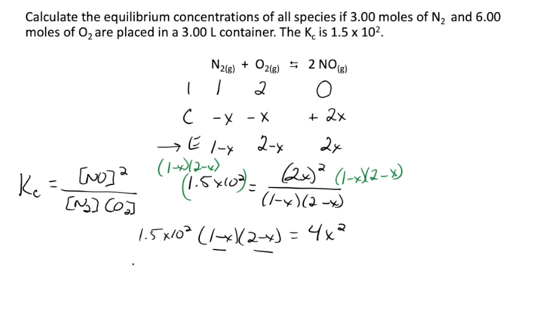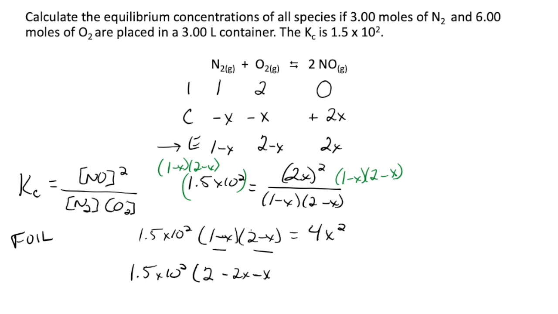So in writing this out, 1.5 times 10 to the second, and bring that down. Using FOIL, a positive 1 times a positive 2 will give 2. A negative x times 2 is negative 2x. A negative x times 1 is negative x.